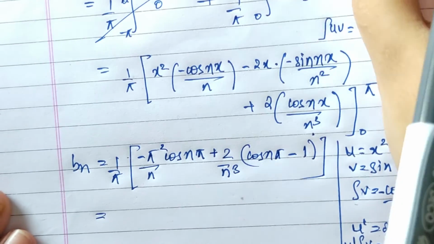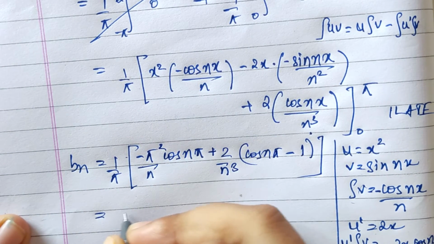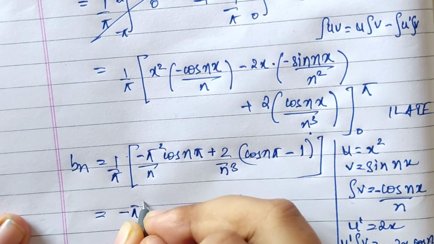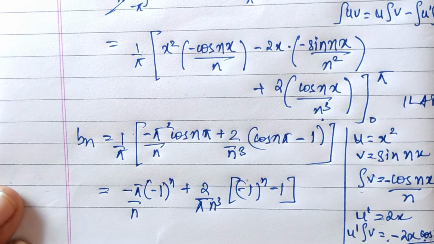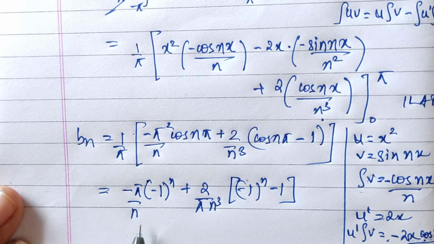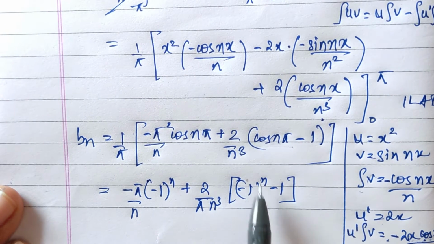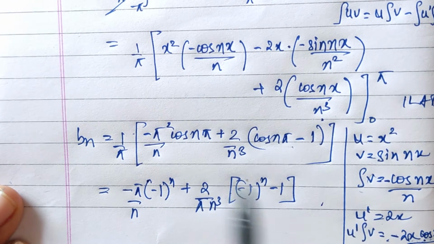It is a very lengthy and tedious process, but you can't help it. Then when we open up the brackets, pi and pi gets cancelled, so it becomes minus pi by n into minus 1 power n plus 2 divided by pi n cube. Cos n pi is nothing but minus 1 power n minus 1.